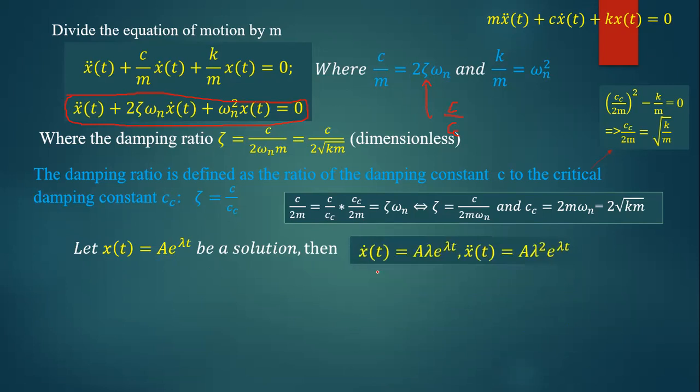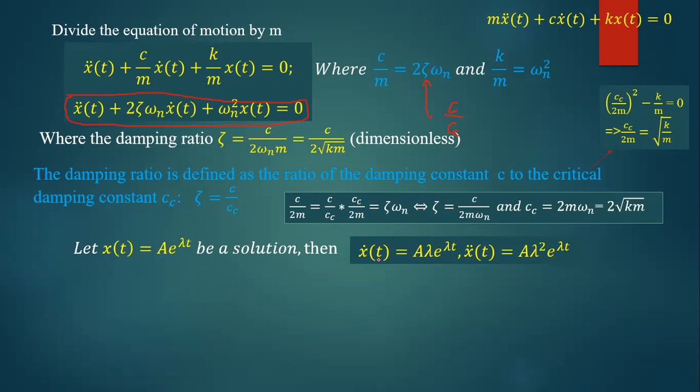A is an arbitrary constant here, and lambda is the eigenvalue that we can determine later. A is determined from the initial conditions, and lambda is determined from the characteristic equation.